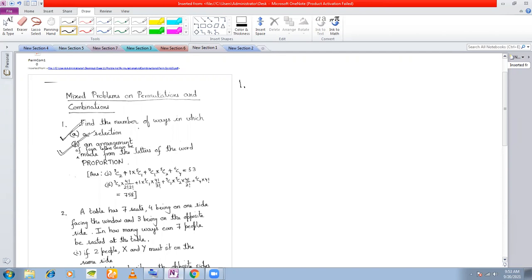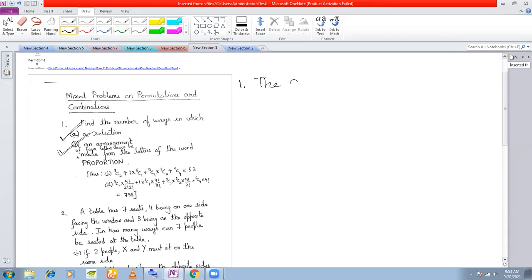Find the number of ways in which a selection and an arrangement can be made of 4 letters from the letters of the word proportion, taken 4 at a time. So I'll first write the given word. Let me just first select, because the first part of the question is selection.